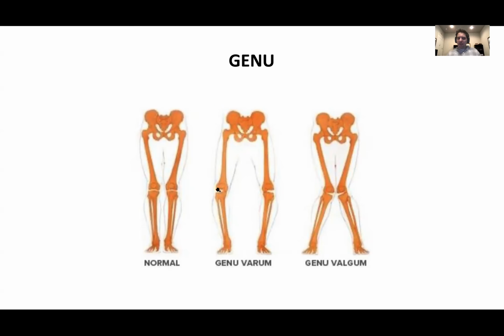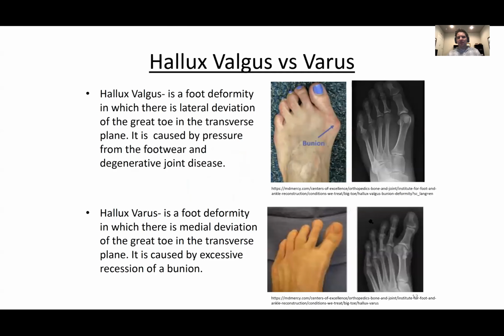Genu is the same thing. Varum, so now the point we're looking at is the knee. The distal fragment from the knee is going to be the tibia. If the tibia, you can see here, is displaced medially from the knee, that's varum. If the tibia is displaced laterally, that'll be valgum, okay? Keep those in mind.